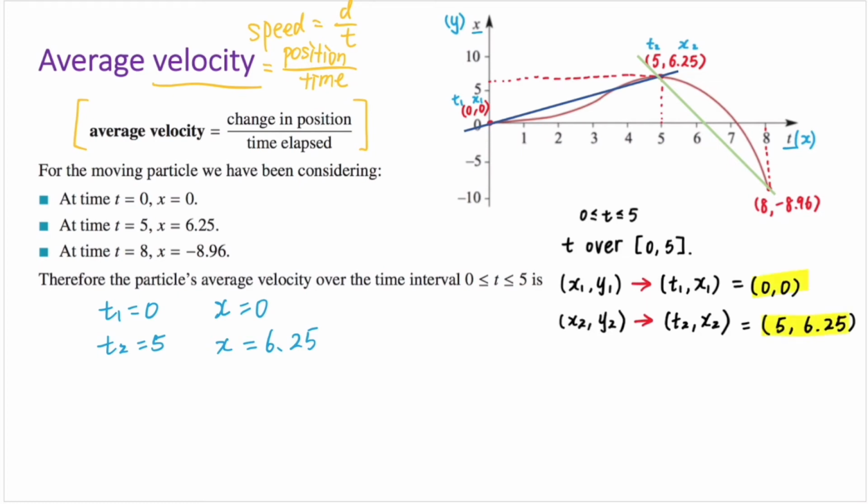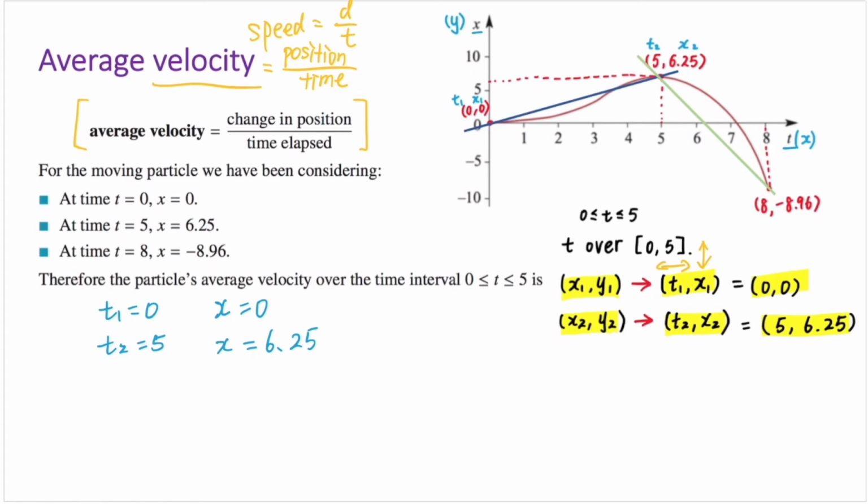They are (0, 0) and (5, 6.25). As you can see, we used to use x1, y1, x2, y2, but now it just becomes t1, x1, t2, x2. They are the same. So the first value corresponds to the horizontal values, and the second value corresponds to the vertical values, in this case time and position.